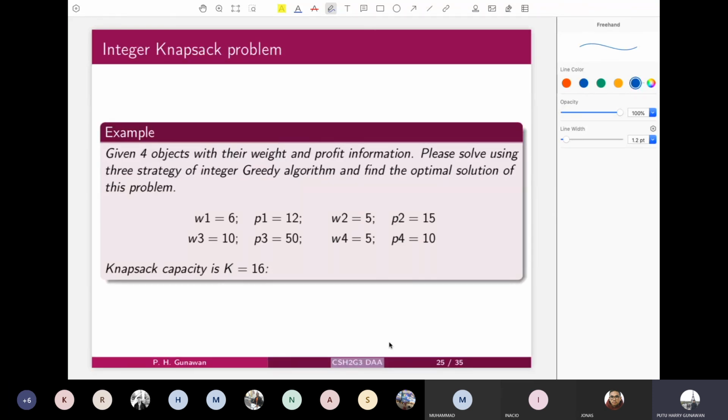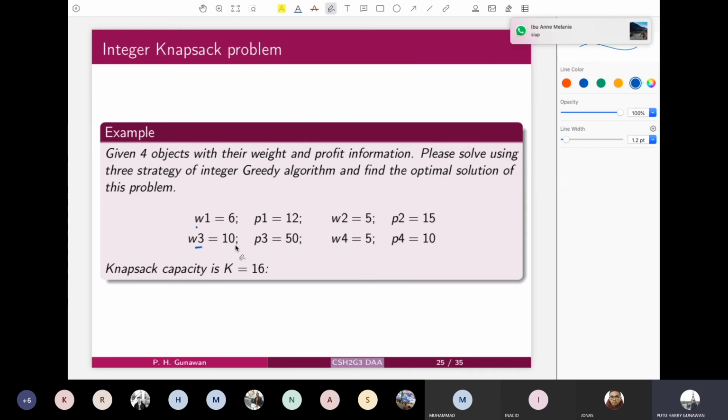In the example we have four items. Item 1 has weight 6 and profit 12. Item 2 has weight 5 and profit 15.